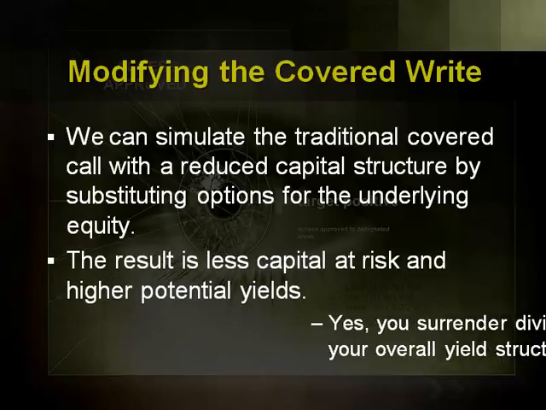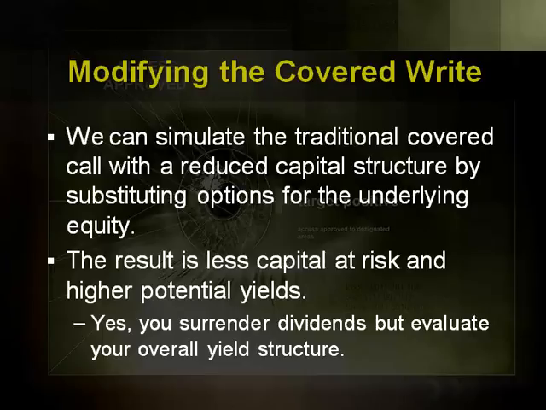And the result is that we have less capital at risk and we have higher potential yields, because our yields are going to, from a dollar perspective, be similar to what we would get from a covered call, but because we have less capital at risk, the overall yield on your risk capital is higher. What's our drawback?